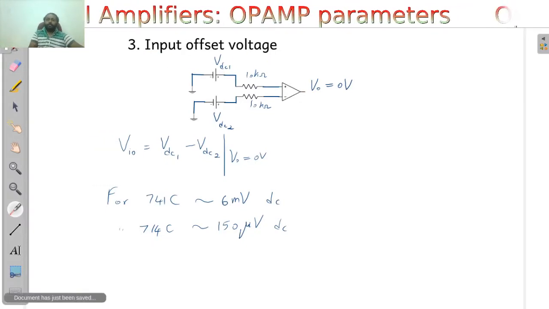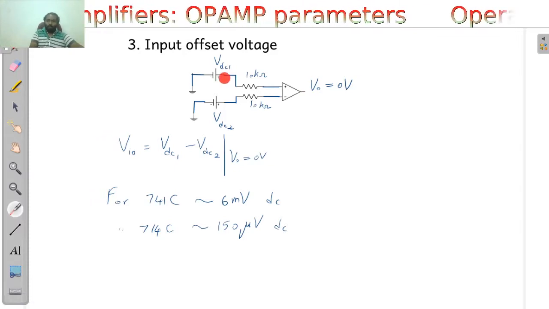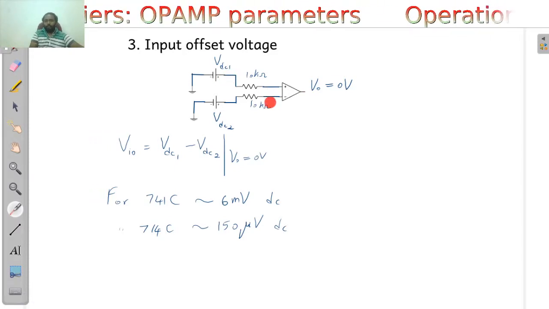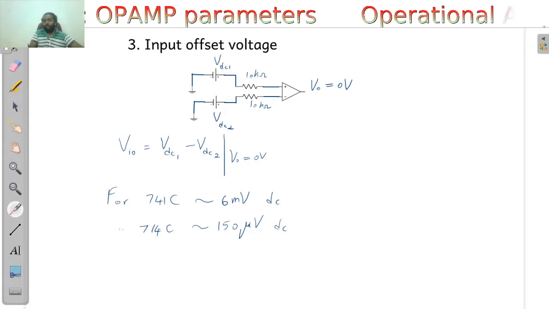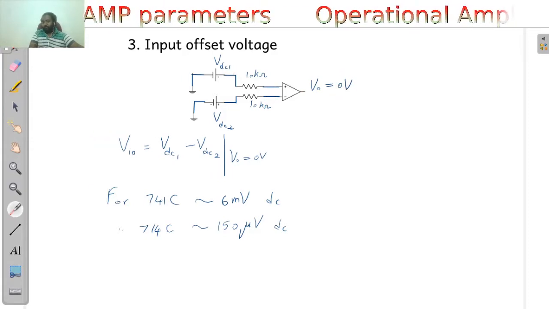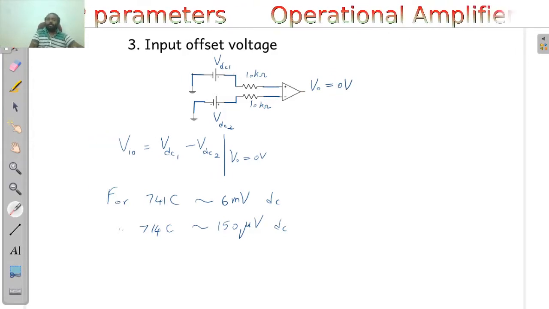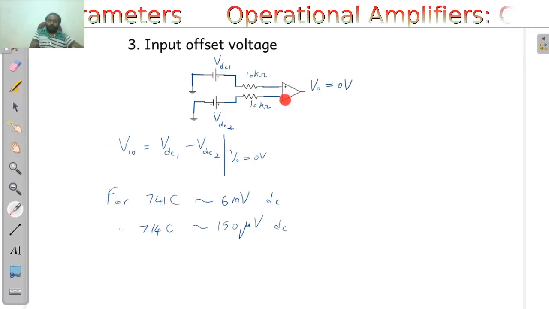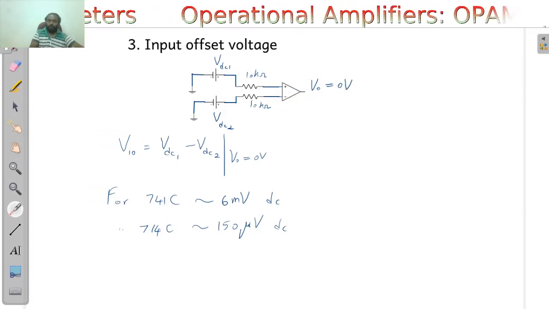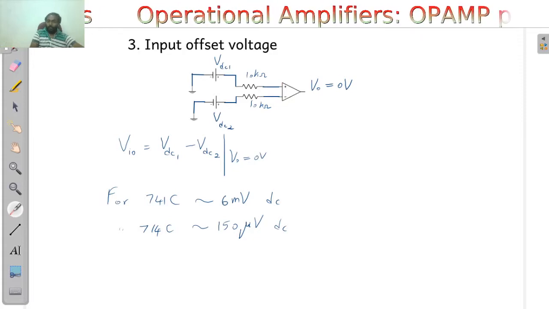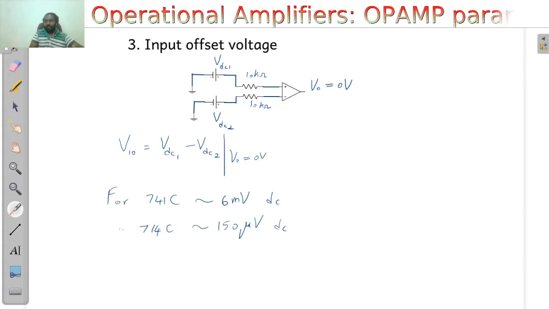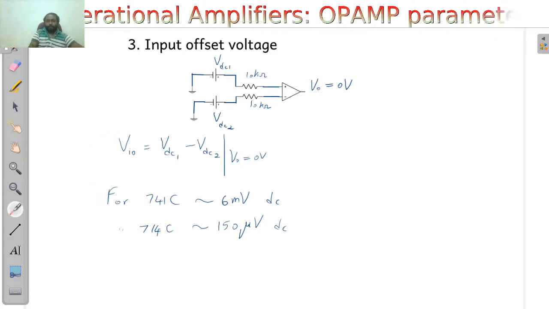The third parameter is input offset voltage. Even if you connect the same voltage source to both of the inputs, you should ideally get an output voltage equal to 0, but it doesn't happen in reality. That is because of small differences between the non-inverting and inverting inputs of the operational amplifier due to minor defects.